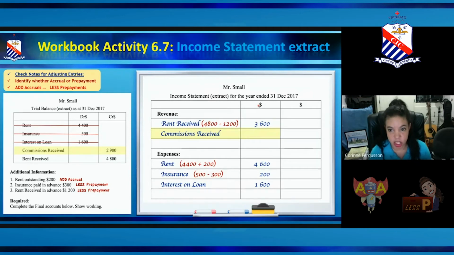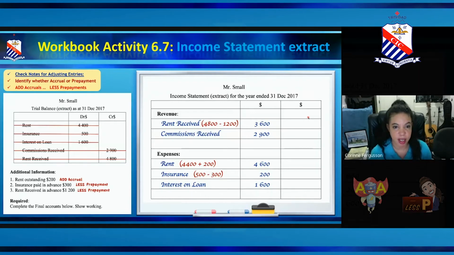And since there were no adjustments, you just put the answer, 2,900. Since you have put it in, you can cross it off. And then the last one, rent received. Is it there? Yes, it is. So cross it off, and that means that you have done everything.